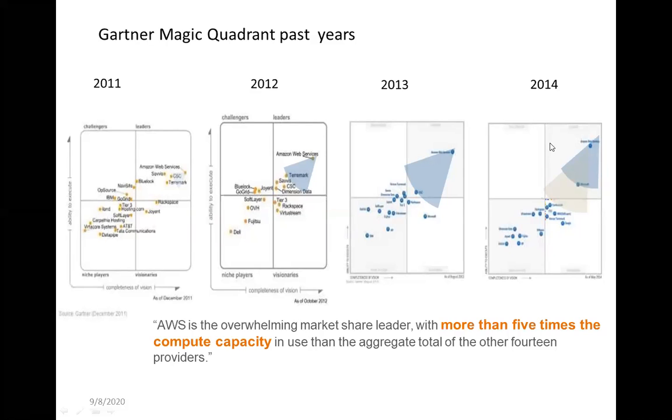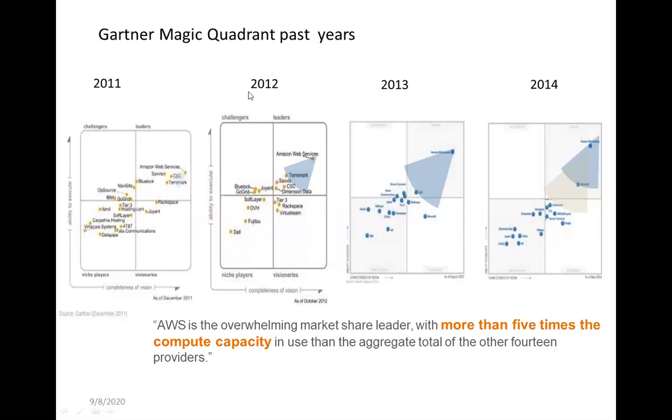So in this diagram in 2011, you can see the various challengers. Amazon Web Services was very little developed in 2011. Here you can see the challengers, the leaders, the visionaries, and the niche players.